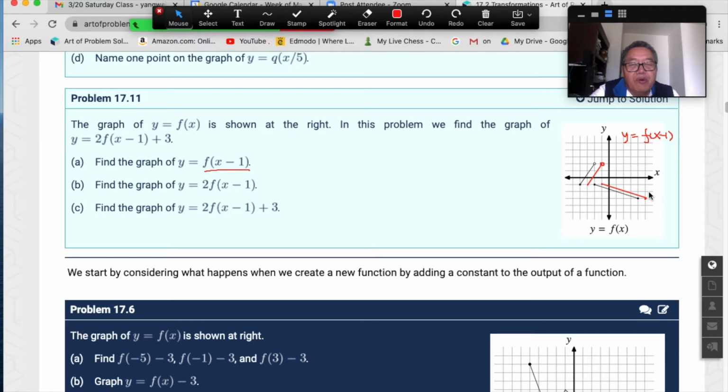Can you tell me how we can get the graph of y equals 2 times f(x minus 1) from the graph of y equals f(x minus 1)?